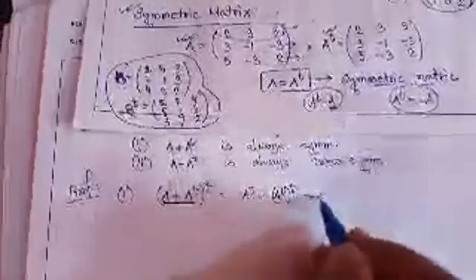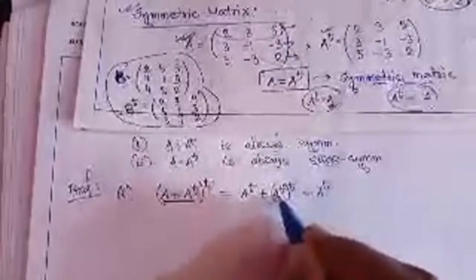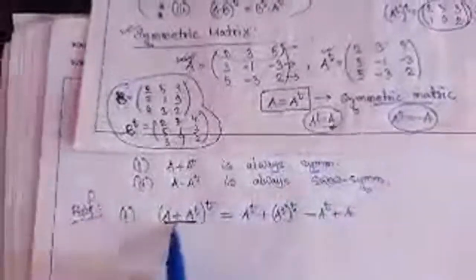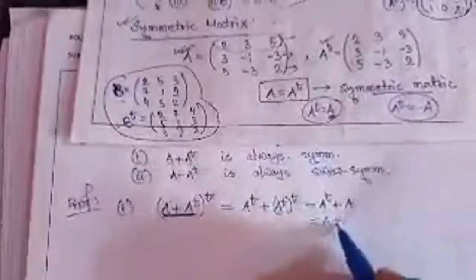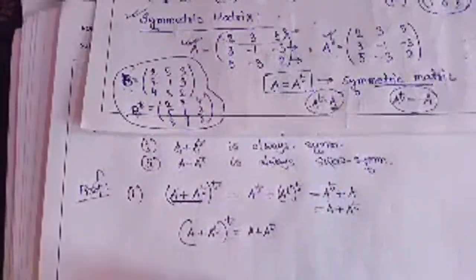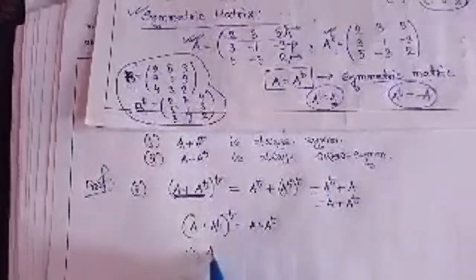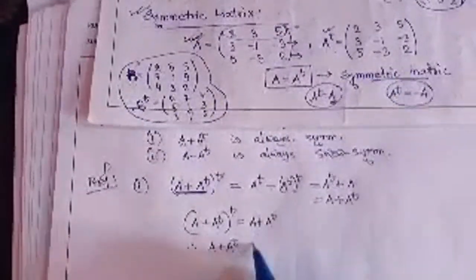A transpose is kept unchanged, and A transpose transposed again means A. So (A plus A transpose) whole transpose equals A plus A transpose itself; we get back the same matrix. So what can we say? Therefore, A plus A transpose is a symmetric matrix.